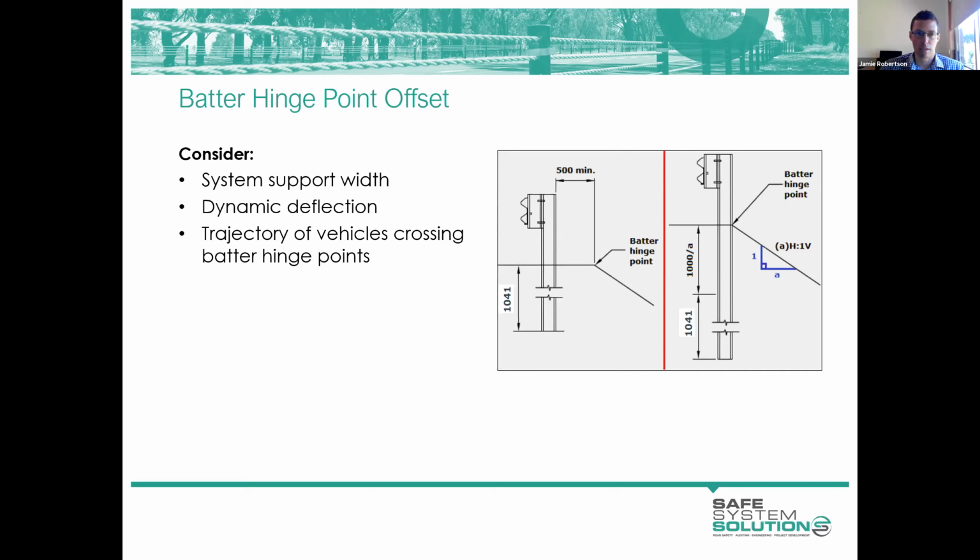They've been crash tested at less, 200 mil, 300 mil type thing. For wire ropes, there's a greater requirement, at least 1 metre. So we might have a desirable offset in mind, but our cross-section might not allow it. So we might need to be working back from the hinge point if we don't have the opportunity to widen the formation.